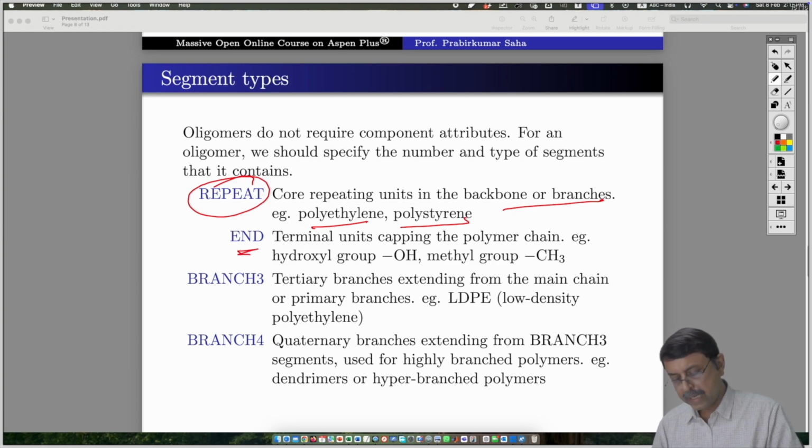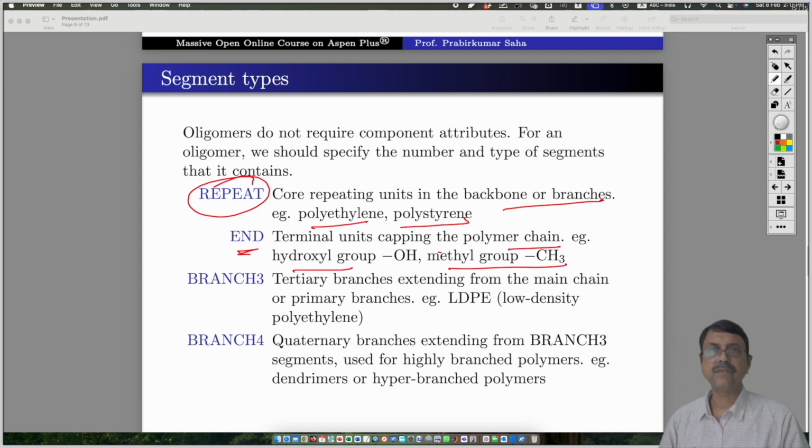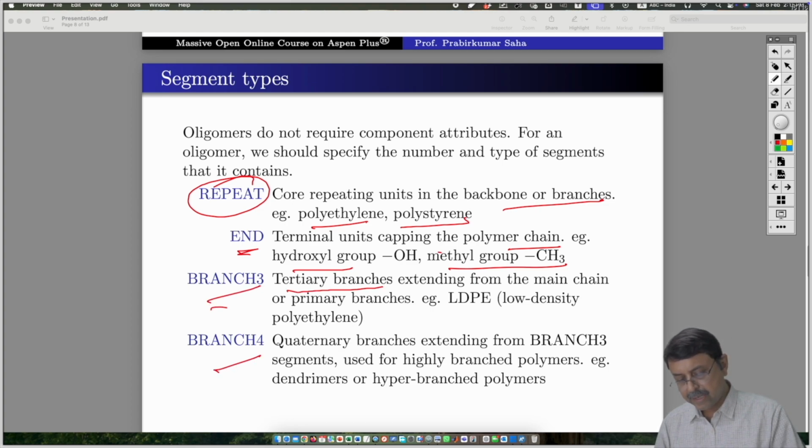The end group means the terminal units capping the polymer chain. I have already discussed this. When a hydroxyl group or methyl group comes at the end of the chain, then the chain ends there. It is a termination of the polymer reaction. And then Branch 3, Branch 4. Branch 3 means tertiary branches extending from the main chain or primary branches.